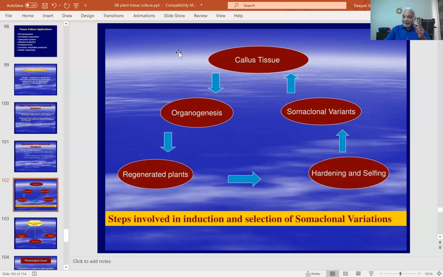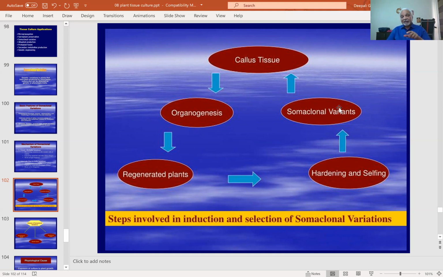So we are not creating anything. It is either the genetic heritable changes or epigenetic changes which are occurring. The only thing is we are trying to exploit that change for our benefit. If it has happened for good, we just take that plant and multiply.